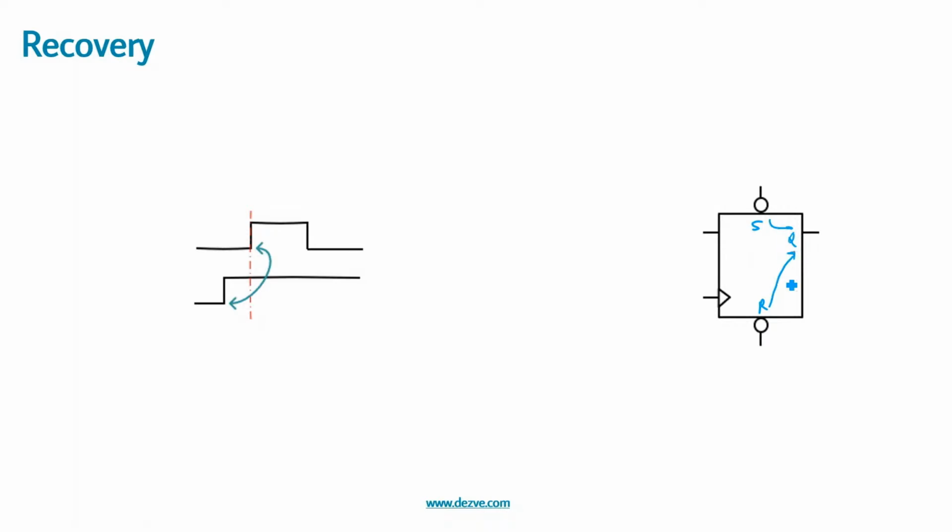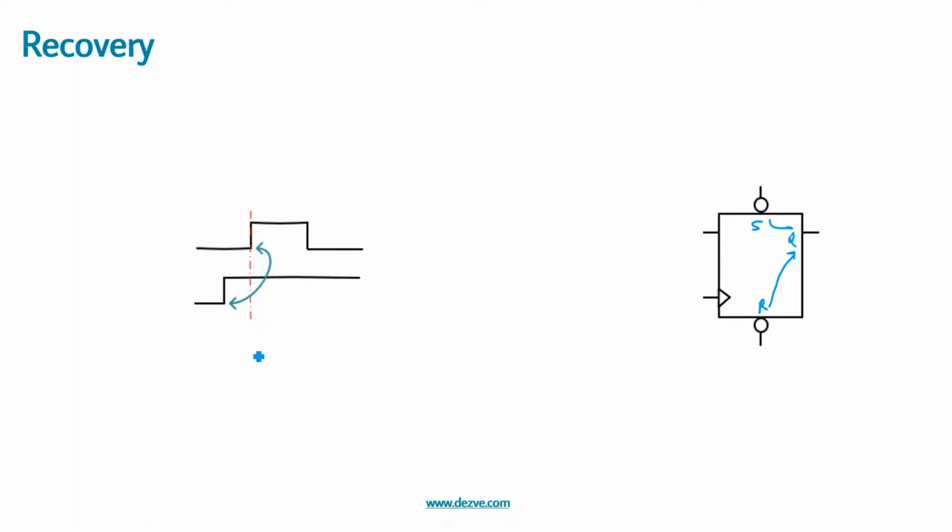Now this is fine, because the moment this reset gets asserted, it controls the value of Q, and then we don't have a problem. The problem occurs when we have this reset deassertion or set deassertion very close to the active clock edge, correct?